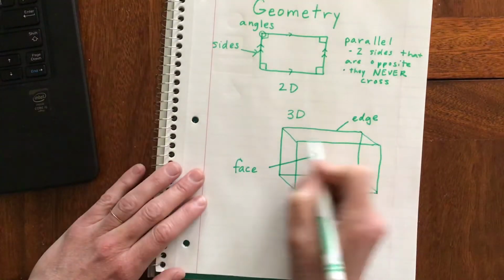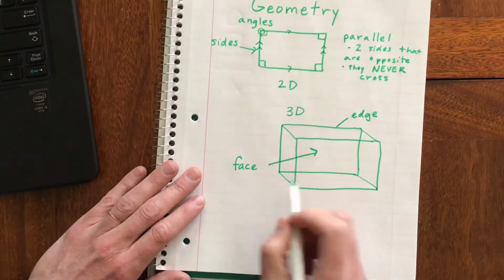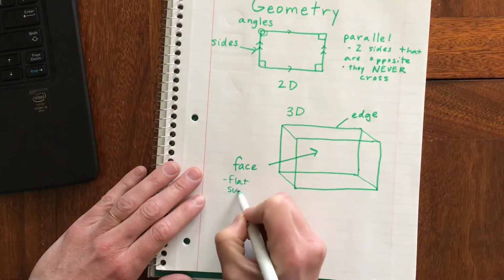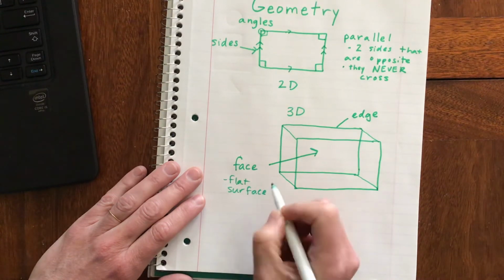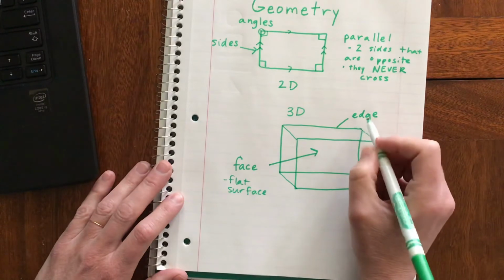A face, a face, a face, a face, and then faces on all the sides. So it's the flat surface. All right, these are the edges.